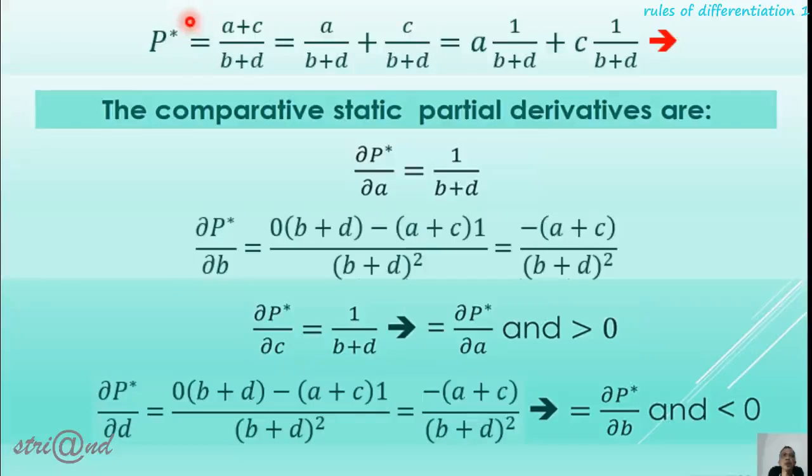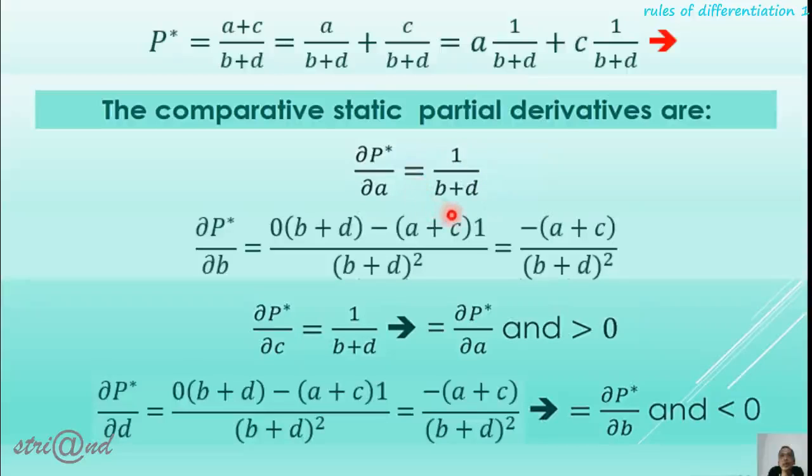The equilibrium price from the previous slide is written again here as P star, and it is also rewritten as a divided by b plus d, and c divided by b plus d, with the a moved here and the c moved here, so we have this version of P star. The partial derivative of P star with respect to a is 1 over b plus d.